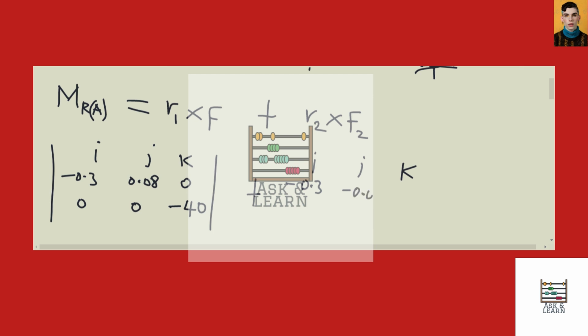We brought them out already, just arrange them. Then this side is positive 0.057. So we can now bring in the force, which we've already calculated before: minus 28.3, minus 28.3.